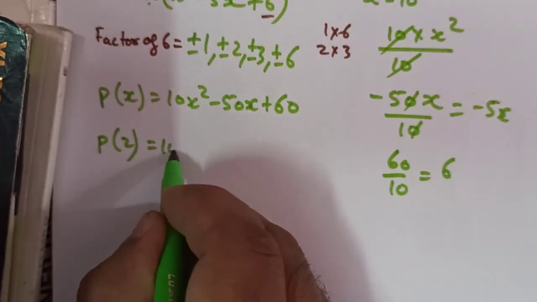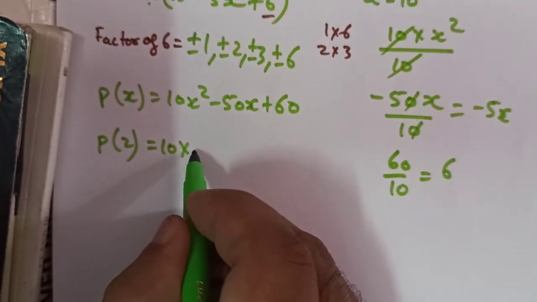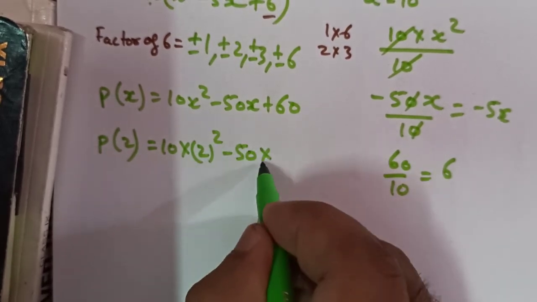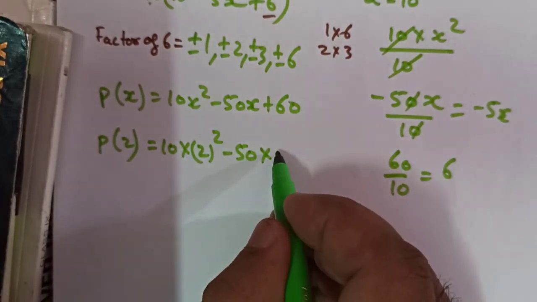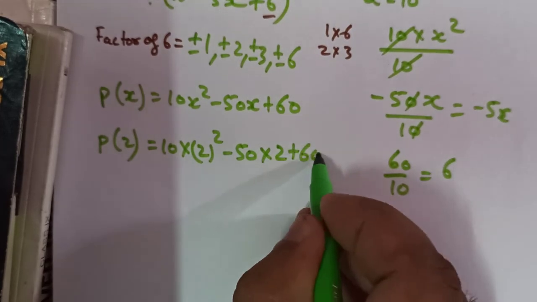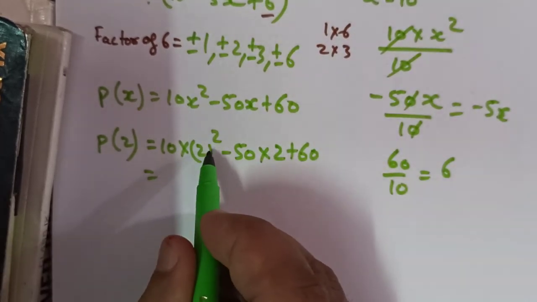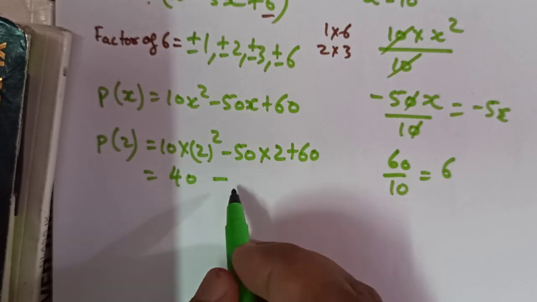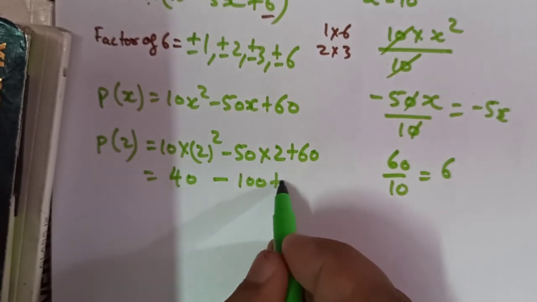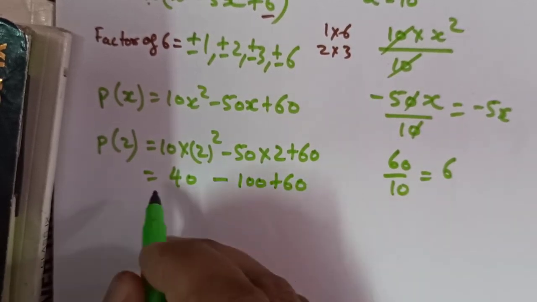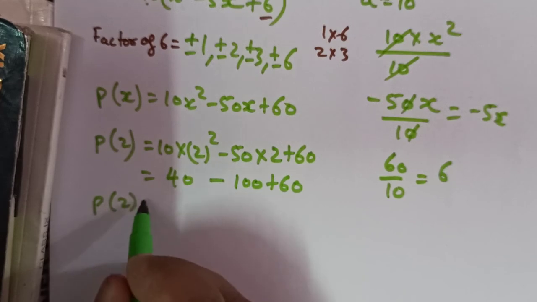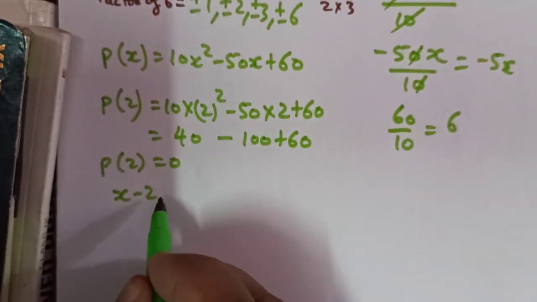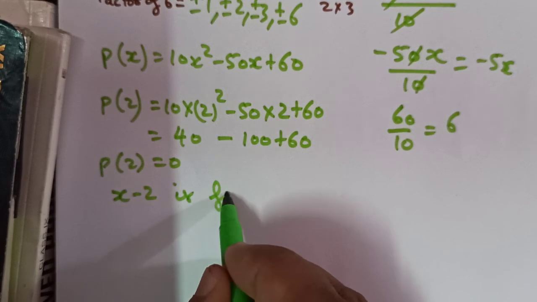Substituting the value of x as 2, we get 10 into 2 square minus 50 times 2 plus 60. 2 square is 4, 4 into 10 is 40, minus 50 times 2 is minus 100, plus 60, which is 40 minus 100 plus 60. Yes, P(2) equals 0. So we can write directly that x minus 2 is a factor of P(x).